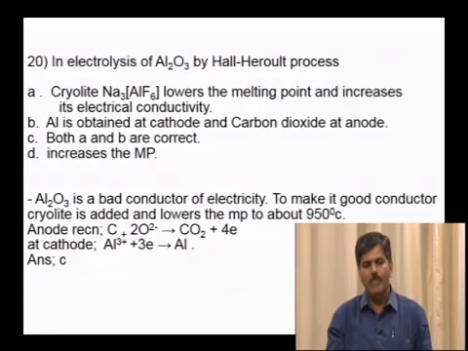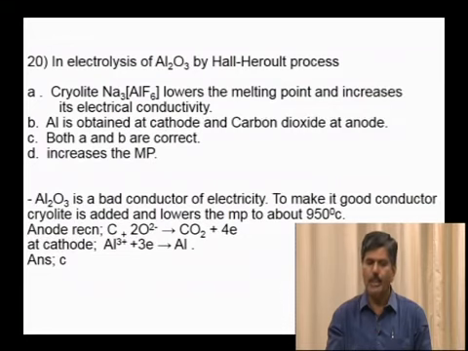In electrolysis of Al2O3 by the Hall-Héroult process, which one of the following options is correct? A: Cryolite Na3AlF6 lowers the melting point and increases its electrical conductivity. B: Al is obtained at the cathode and carbon dioxide at the anode. C: Both A and B are correct. D: It increases the melting point.